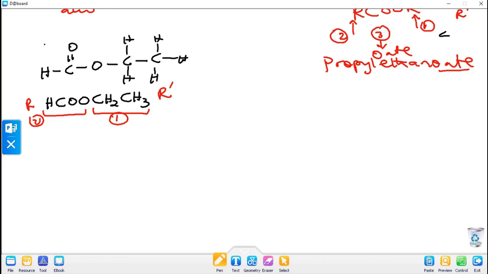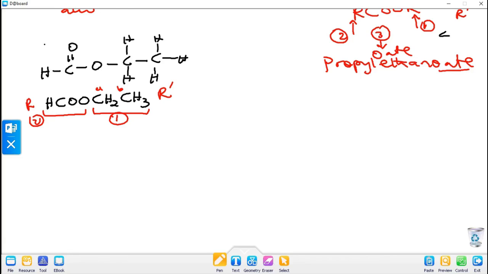Now, after the COO, we have two carbon atoms, carbon A and carbon B. To understand how to name an ester, you have to say, after the COO, there are two carbon atoms.